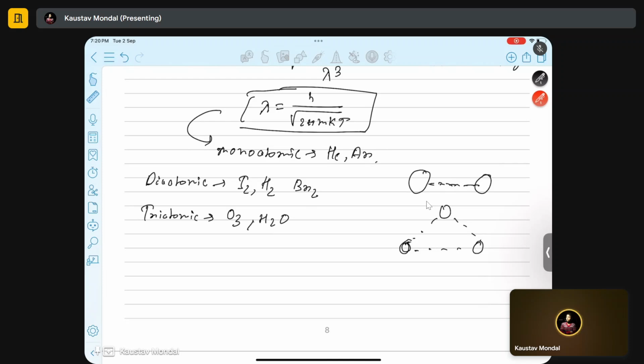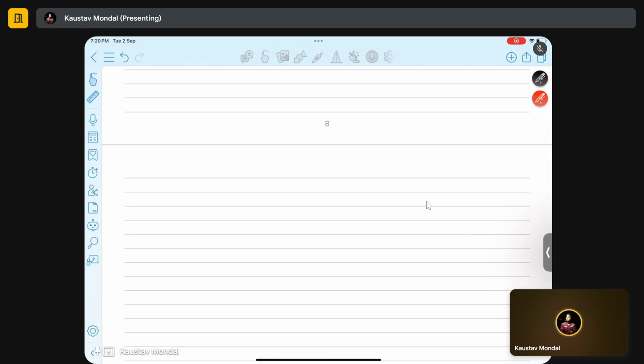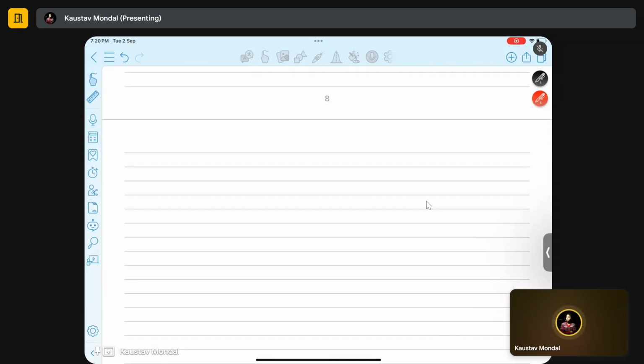So we'll take first a diatomic system, a very simplistic case initially. We take a non-symmetrical linear rotor.